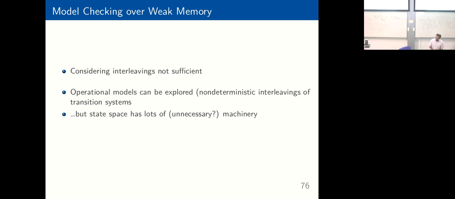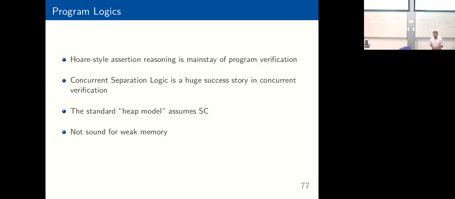The other two words are program logics. These are ways of verifying your programs by Hoare-style assertions. For anybody who has not seen program logics before, I'm not going to make much sense. But for those who have, the standard way of doing program logics for concurrent programs has been assuming sequential consistency.